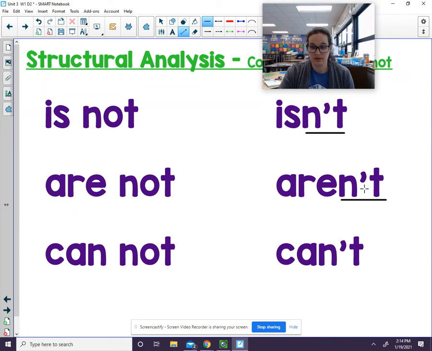Let's take a look down here at cannot. When you put those together, it's can't. Notice N apostrophe T. In this case, the apostrophe stands for the N and the O. Let's use each of these words in a sentence.